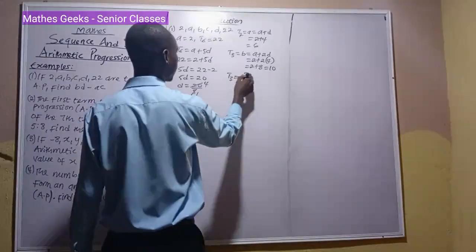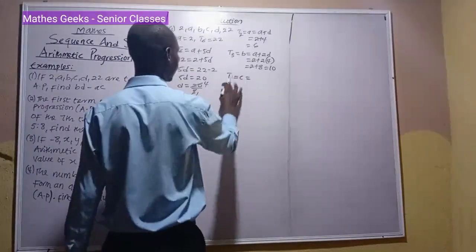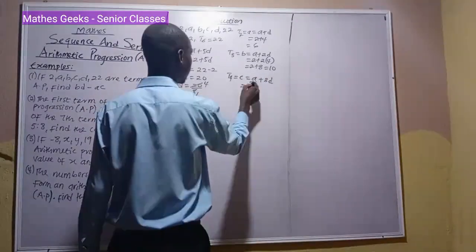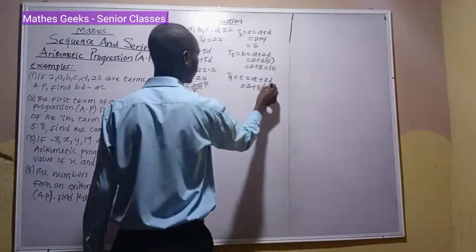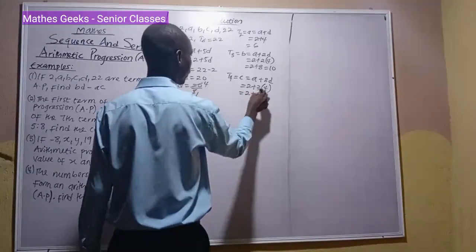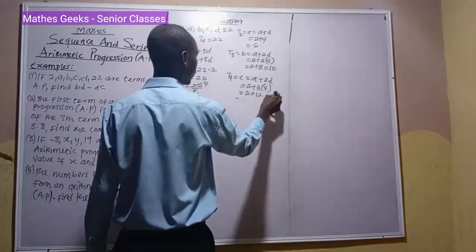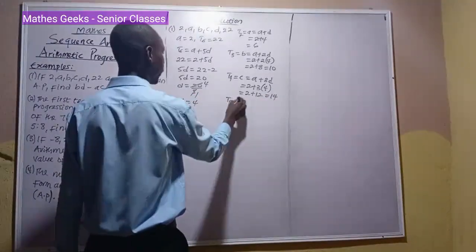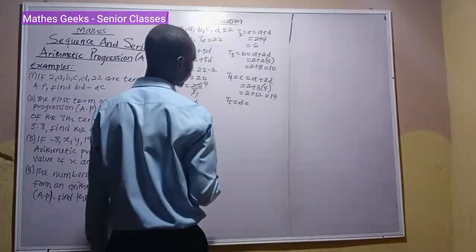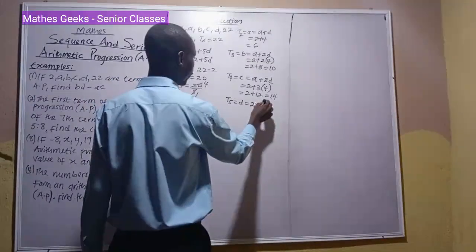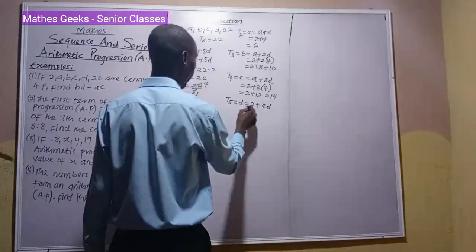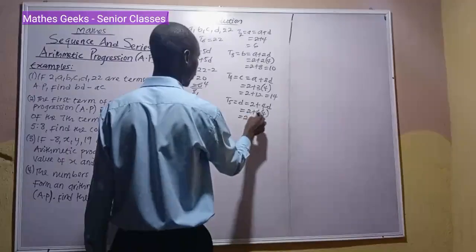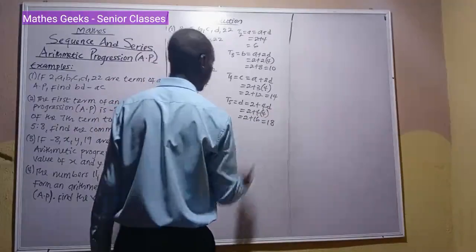T4 is equal to C, A plus 3D, 2 plus 3 times 4, that's 2 plus 12, which is equal to 14. T5 is equal to D, that is equal to 2 plus 4D, 2 plus 4 times 4, 2 plus 16, 18.